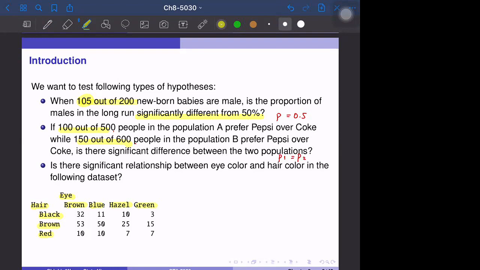It's a little hard to see the tendency, but if you focus on a specific range, you can see maybe the red hair students are more likely to have green eyes, and the black hair students are more likely to have brown eyes. So we may have a relationship between these two factors. So we want to see such a relationship between two factors.